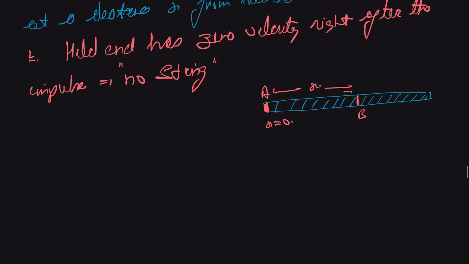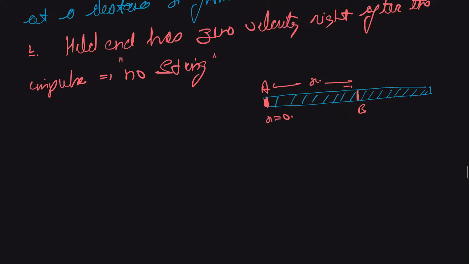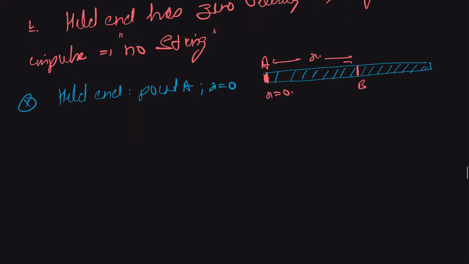So let us say that our held end is our point A, and this point A is at x is equal to 0.